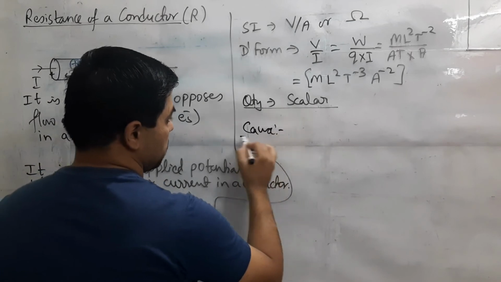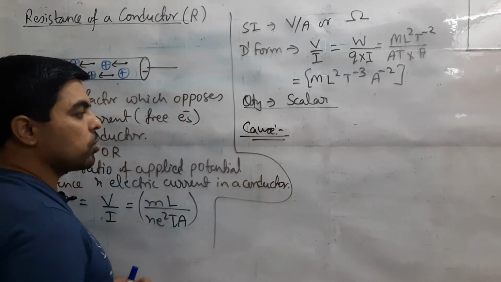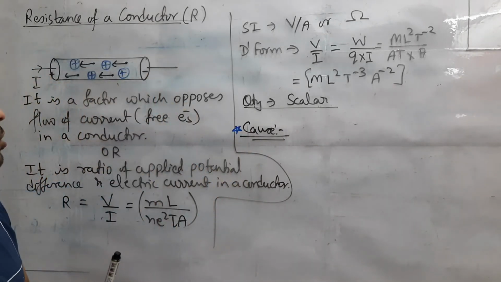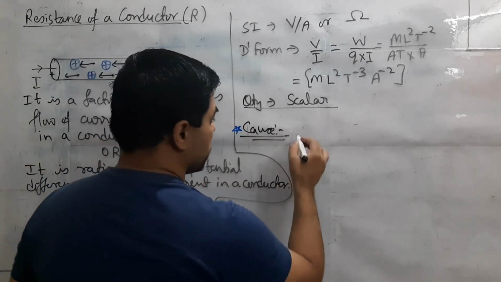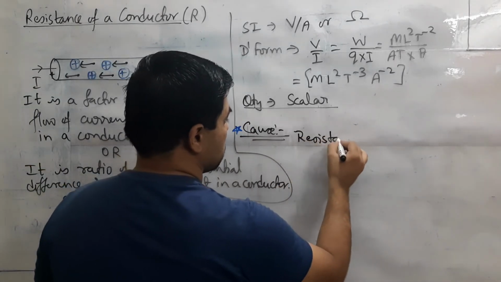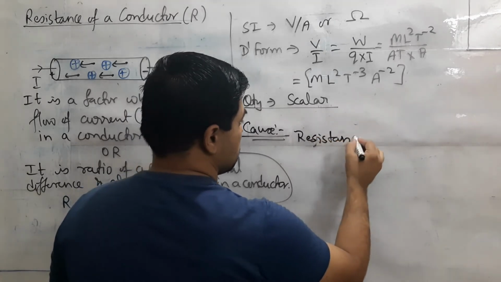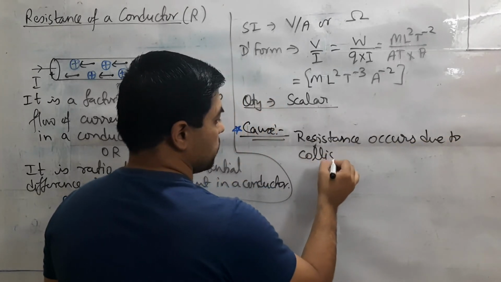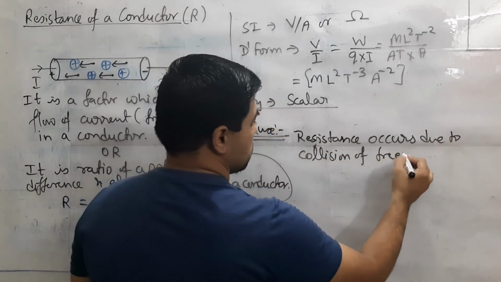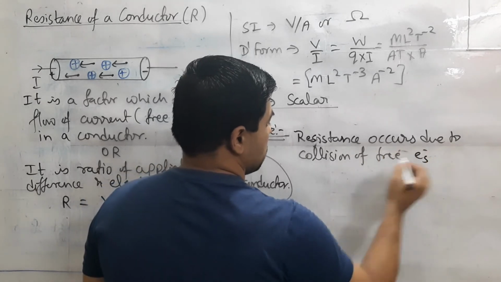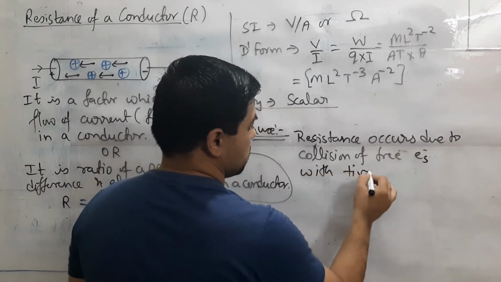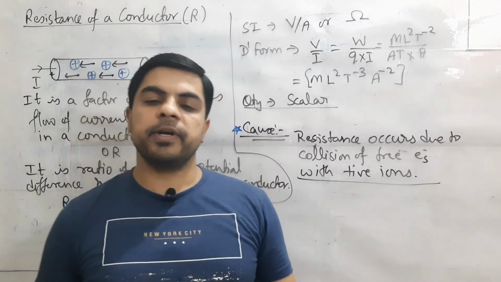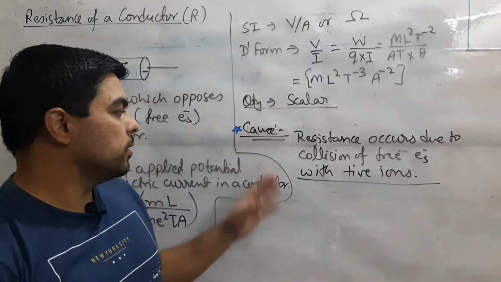Important factor: if someone asks about the cause of resistance, the simple reason is it occurs due to collision of free electrons with positive ions, and this causes hindrance in their motion while flowing through a definite direction to produce the electric current, and this gives the value of resistance.